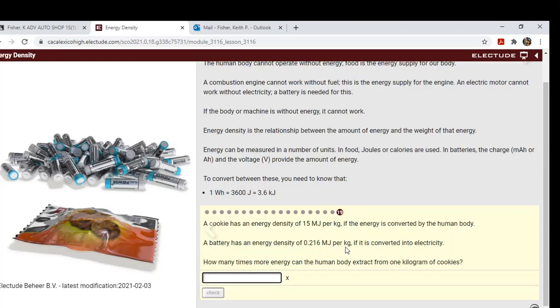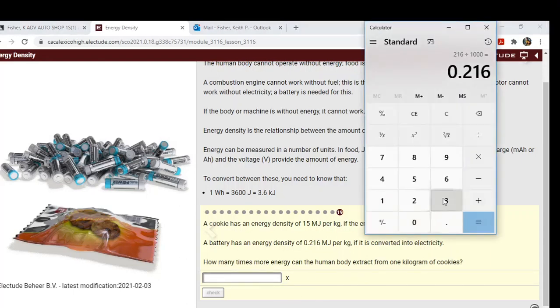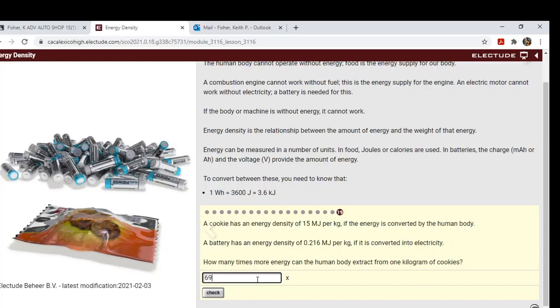How many times more energy can the human body extract from 1 kilogram of cookies? So here we need to go back to our calculator again. We're going to do 15 divided by 0.216 equals, so about 69 times. All right, so 69 times more energy the body can get out of the cookie.